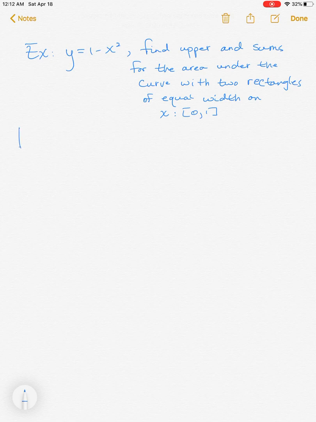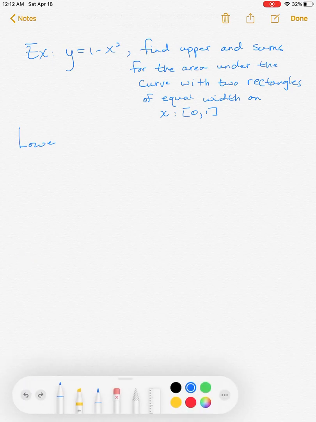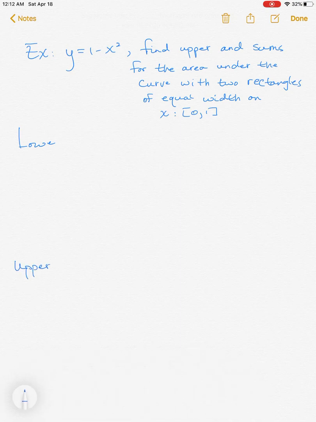Lower sum. Upper sum. First thing we need to do is calculate the width. You take your interval, the width for both of these is 1 minus 0 divided by 2, because it said 2 rectangles. So the width is 1/2.